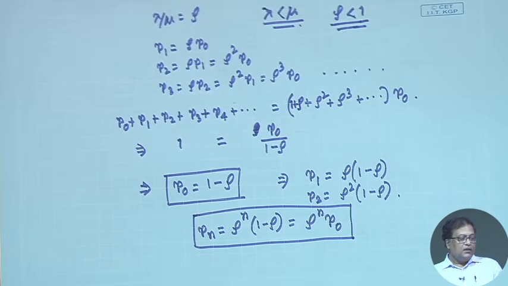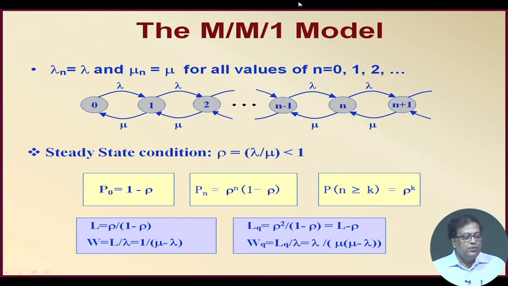So, these are the essential terms that we can actually compute, and we can see all these relations, that is P0 equal to 1 minus rho, Pn equal to rho to the power n 1 minus rho, probability of n greater than or equal to k is rho to the power k, and similarly this formula can also be obtained, that L equal to rho by 1 minus rho.